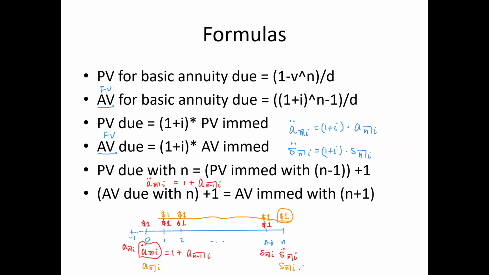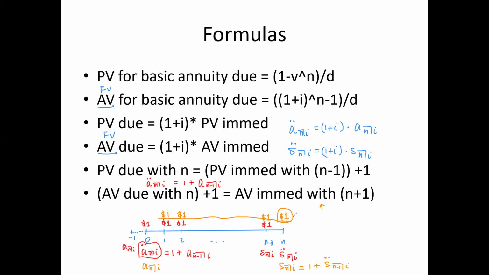So this one equals $1 plus S double-dot sub n minus 1 angle I. It's not written here, but you can consider it like that.